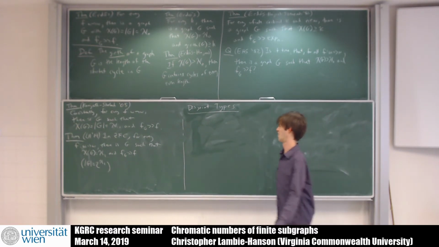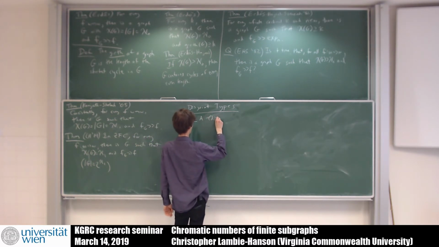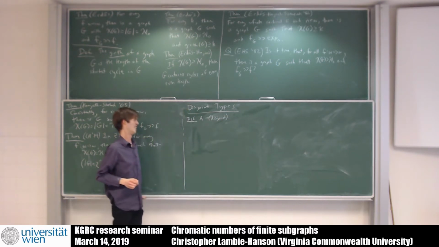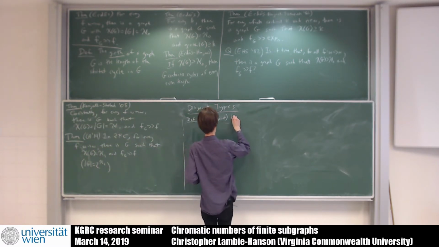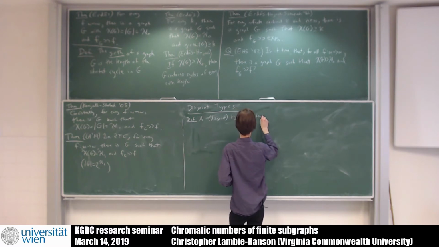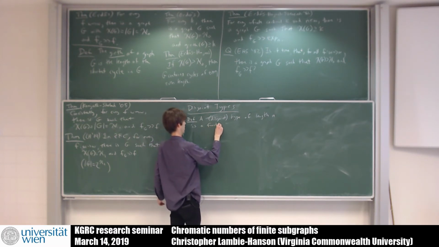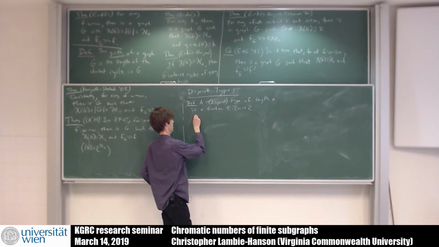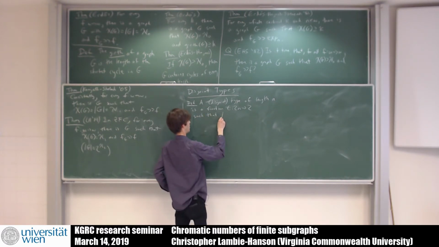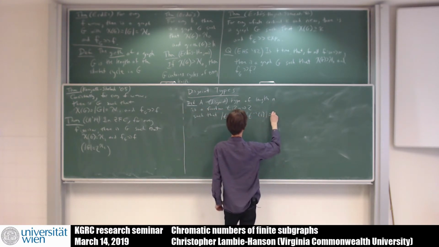Okay, so here's the definition. A disjoint (in parentheses, I might omit the word disjoint later on, but all the types we're talking about today will be disjoint types) type of length n is simply a function t from 2n to 2 such that the size of the preimage of 0 equals the size of the preimage of 1, which is of course n, right?